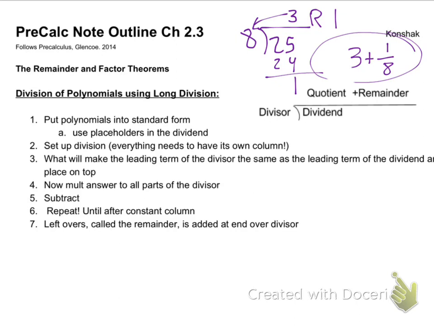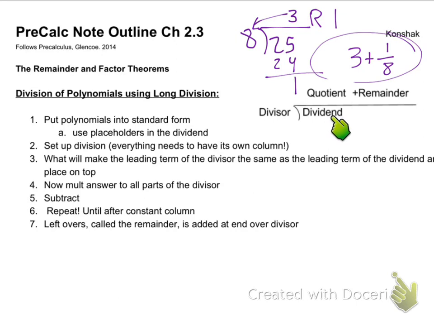To do this, we're going to use that 7-step process. That 7-step process says you need to place both of your polynomials, the dividend and the divisor, into standard form. It's important. And you need to use placeholders in the dividend, the part that's inside. The reason we use placeholders is so that we have a column for everything.